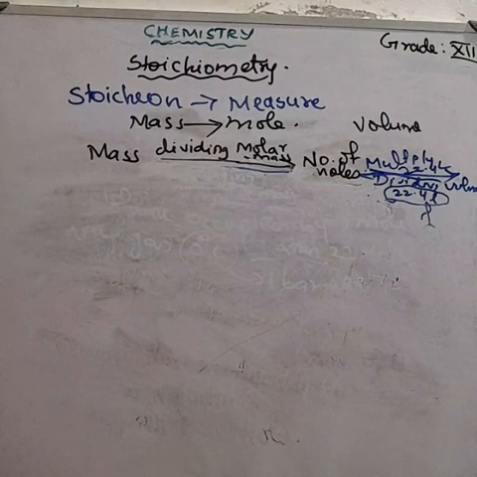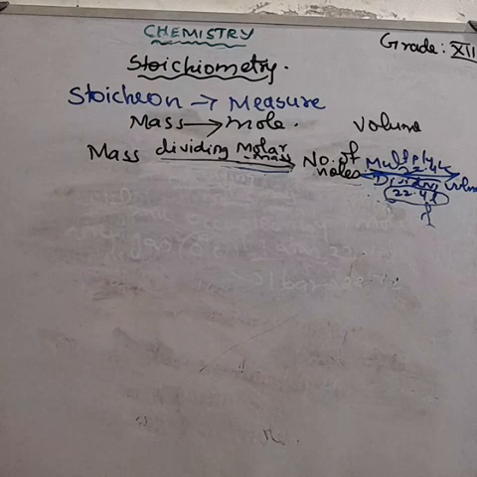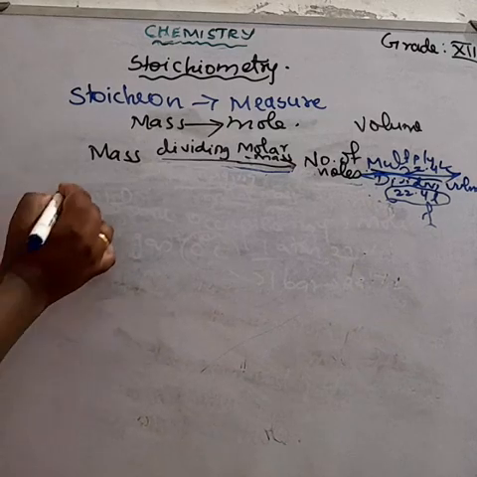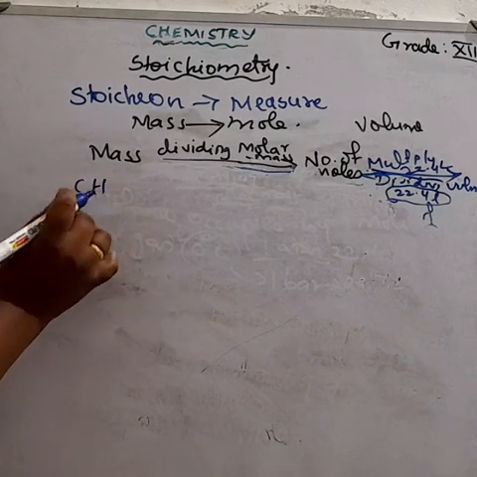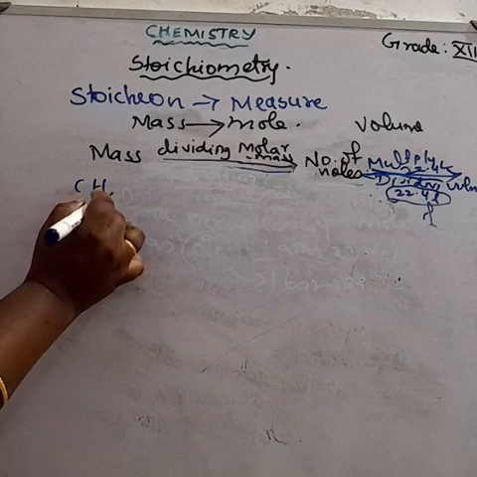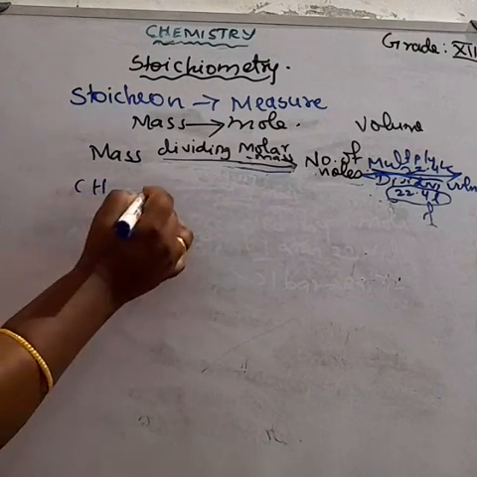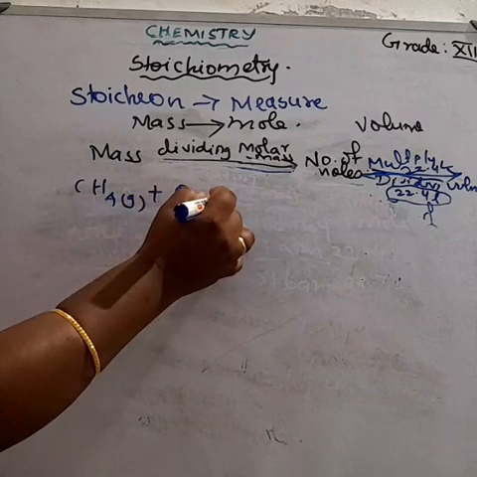How does the reaction go when methane combines with oxygen? You know the formula for methane: CH4, in gaseous state. Methane plus oxygen O2 gives CO2.